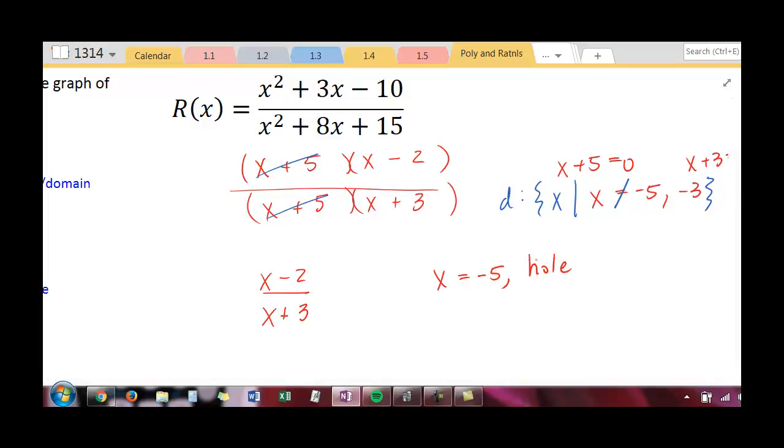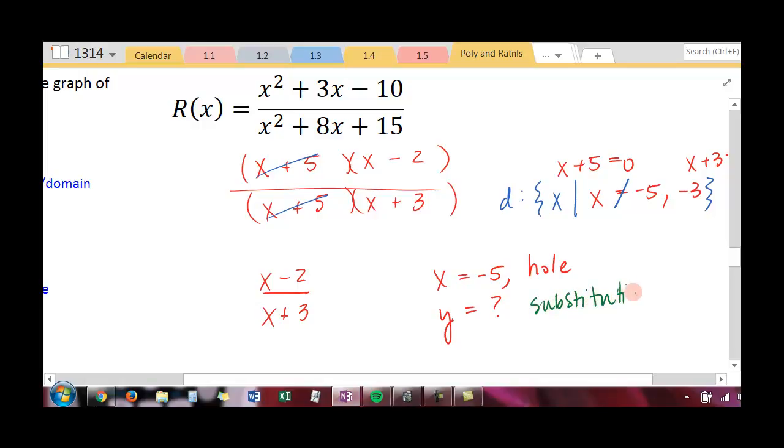We're going to find y by substituting x into the reduced fraction or the reduced function.